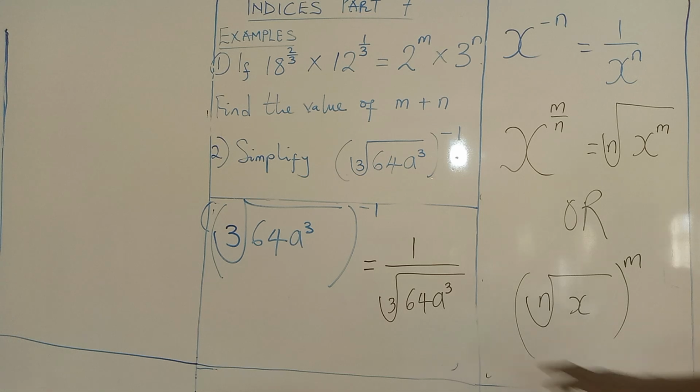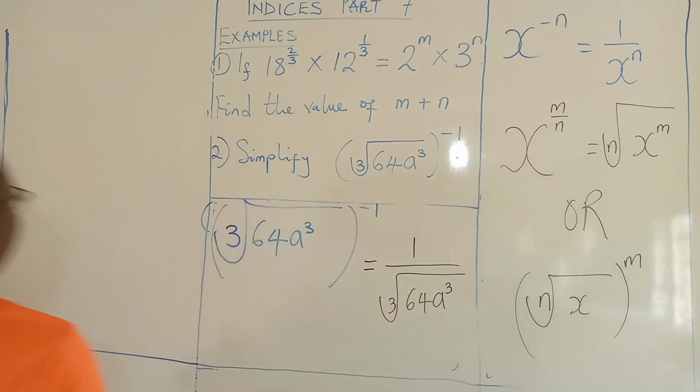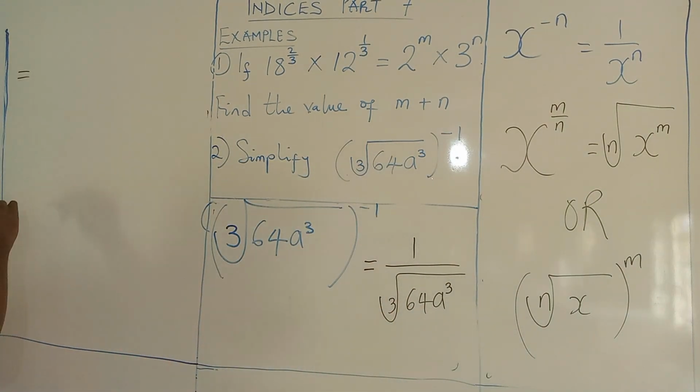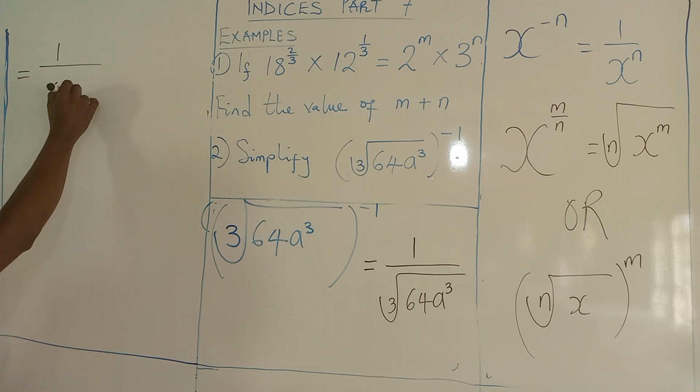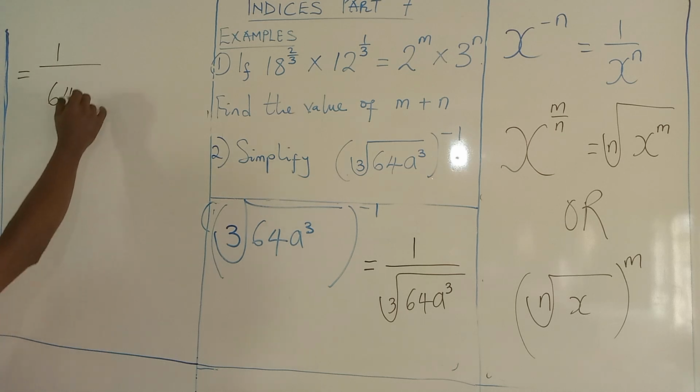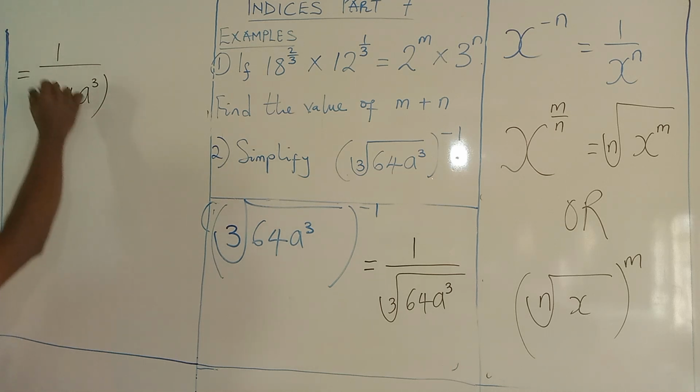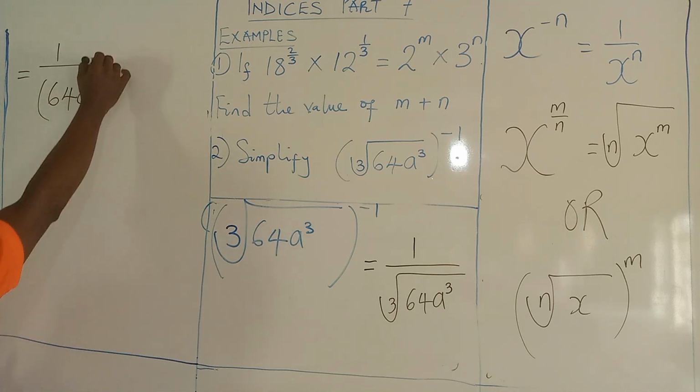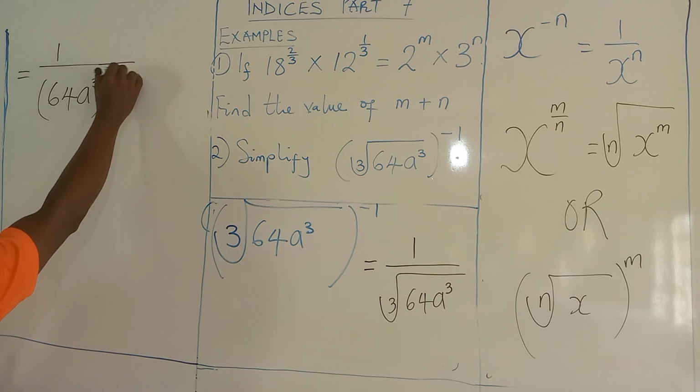So this can be written as 1 over 64a raised to power 3, everything raised to power 1 over 3.